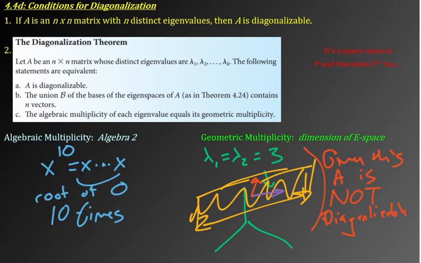And I guess it's worth noting too, geometric multiplicity would always have to be less than or equal to the algebraic multiplicity. If you think about the computation of how you're getting eigenvectors, you can't get a three-dimensional eigenspace for a repeated double root eigenvalue.